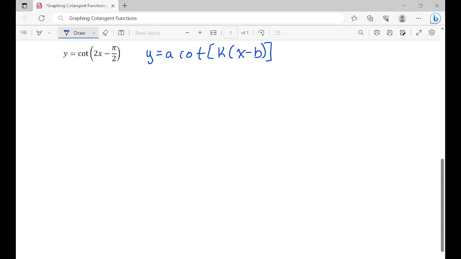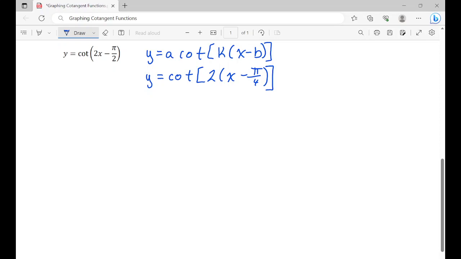So I've got to get x by itself, so I'm going to factor a 2 out of both of these. And when I do that, I'm going to get y equals cotangent of 2 times x minus pi over 4. And again, I get pi over 4 by just factoring a 2 out of pi over 2. So it's divided out.